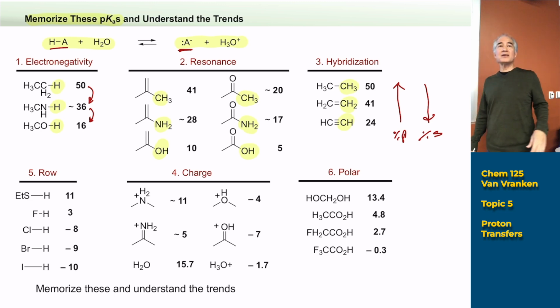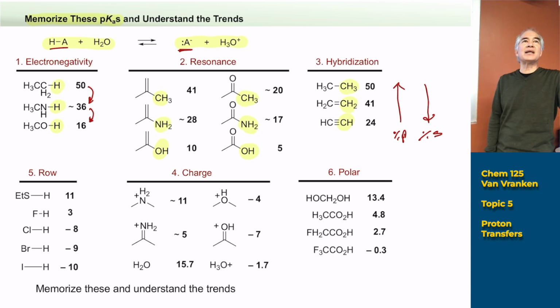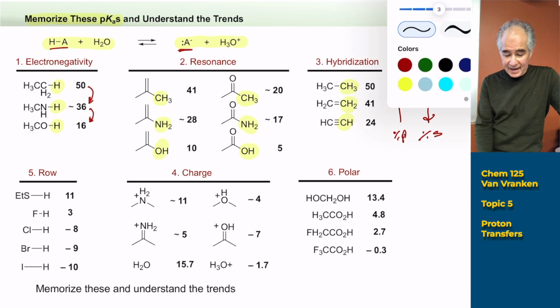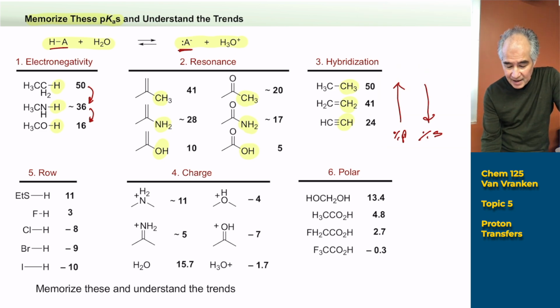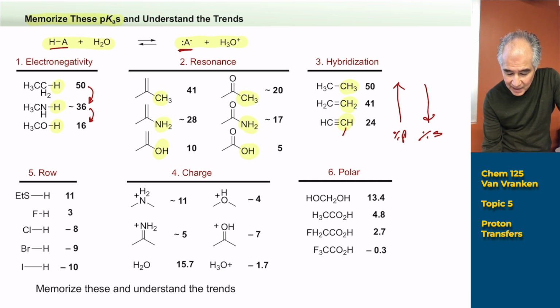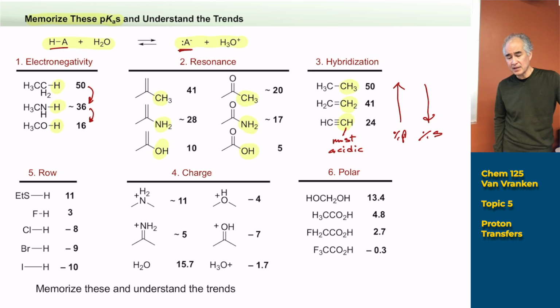The more S character, the more stable those electrons will be. So if you deprotonate one of these and make a carbanion with a lone pair, you want that carbanion to be sp hybridized if you're looking for stability. So this is the most acidic by a lot, because the carbanion you generate is super stabilized. So that's the most acidic.